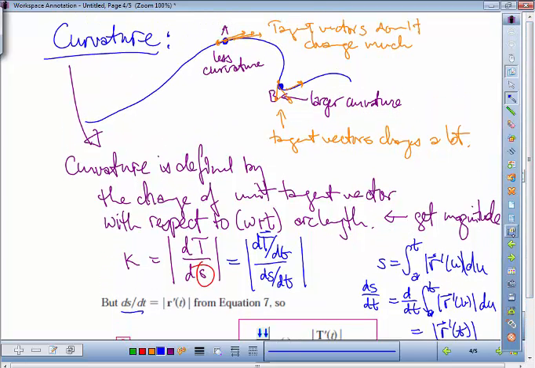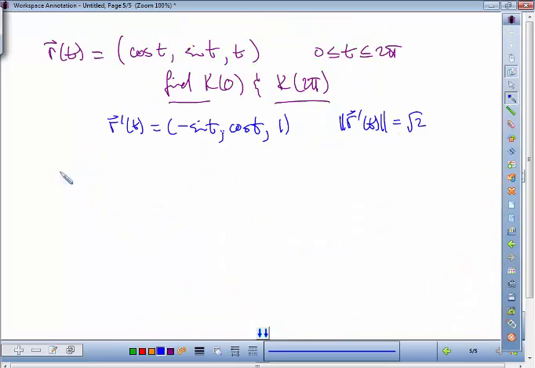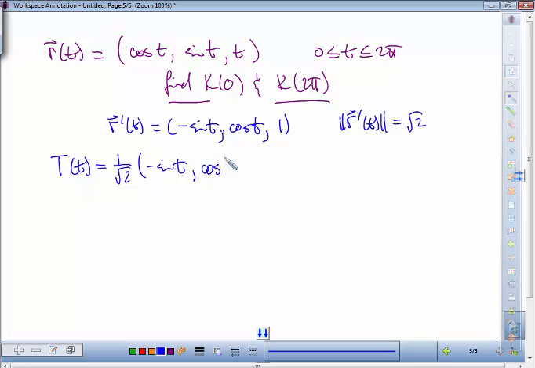So let's go and make the unit tangent, which is going to be 1 over square root of 2 times minus sine t, cosine t, and 1. Now, since this is a constant, there's a list of properties for derivatives that I need to show you guys.